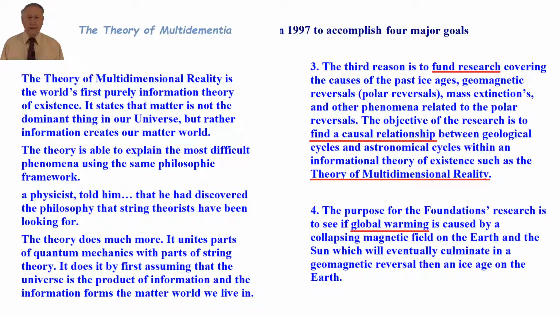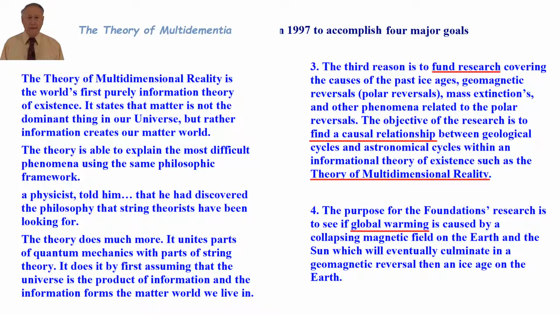The theory is able to explain the most difficult phenomena using the same philosophic framework. Okay? A physicist told dear Mr. Vogt that he had discovered the philosophy that string theorists have been looking for. The theory does much more. It unites parts of quantum mechanics with parts of string theory.